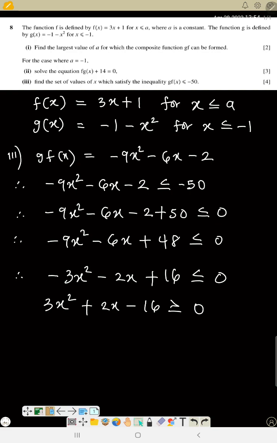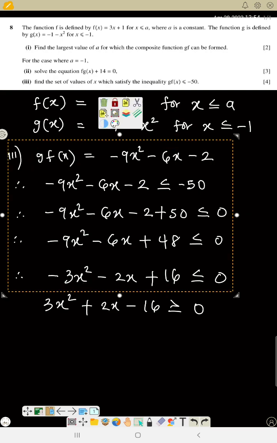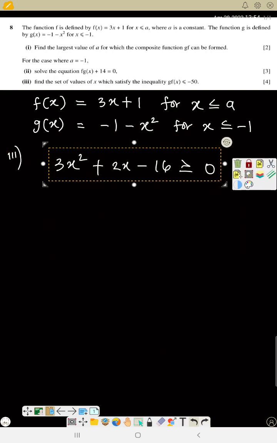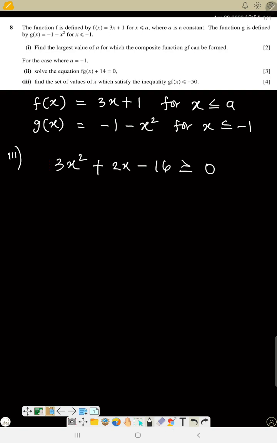Now, how can we factorize the quadratic? If you watch my video on how to factorize a quadratic, you get that part. To factorize, we need the product and sum. Product here is 48 and sum is 2.